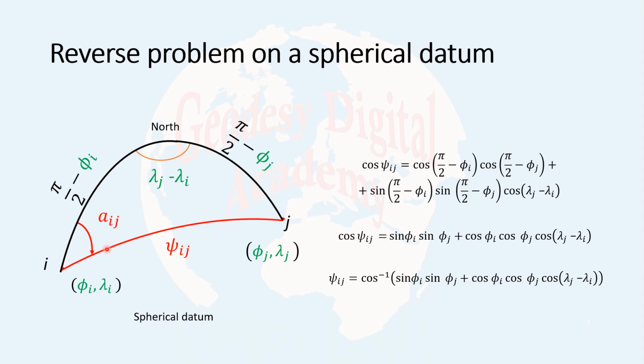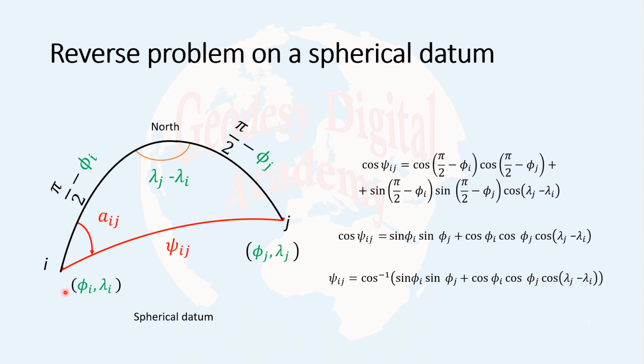So, let us start with this arc, which is in front of this angle. Since we have the coordinates of the points, we have this angle, this arc, and the other arc as well, therefore we can simply apply the cosine rule in spherical trigonometry.